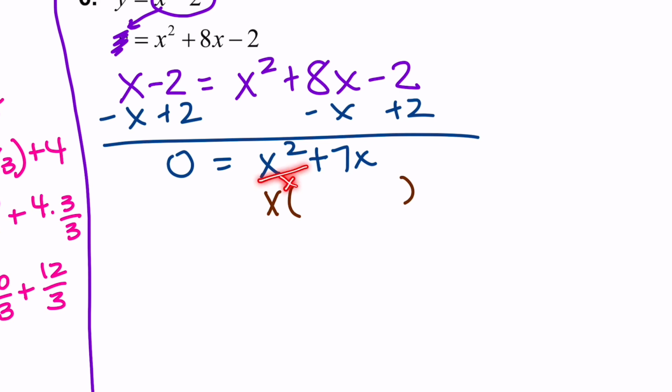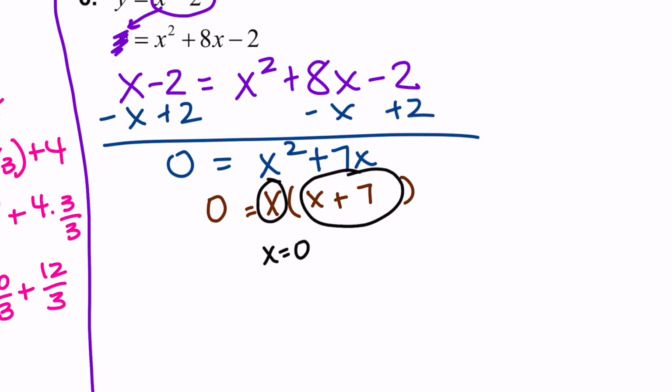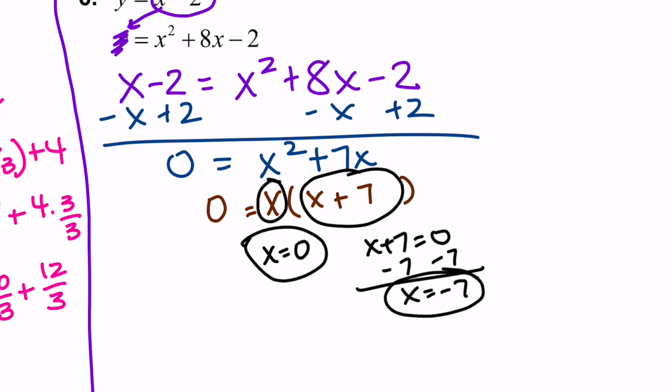X squared divided by x is just an x, plus 7x divided by x is a 7. This equals 0, so we're going to set each piece equal to 0. So we're going to say x equals 0 and x plus 7 equals 0. We're going to minus 7 from both sides of the equal sign, and x equals negative 7, x equals 0.